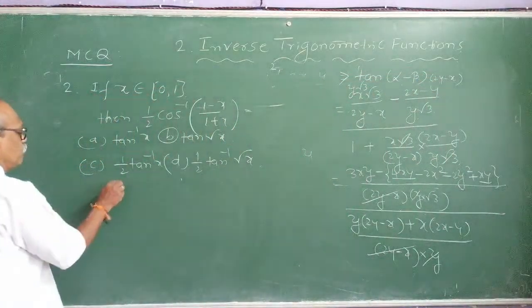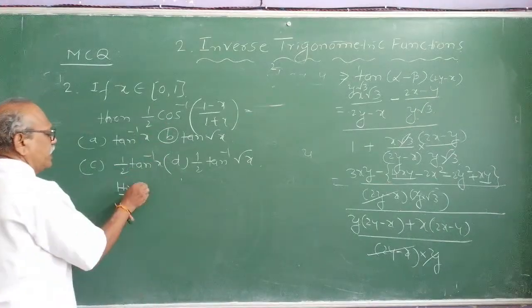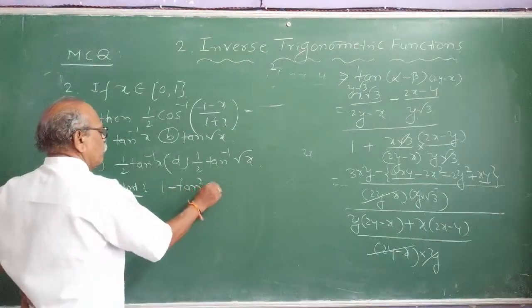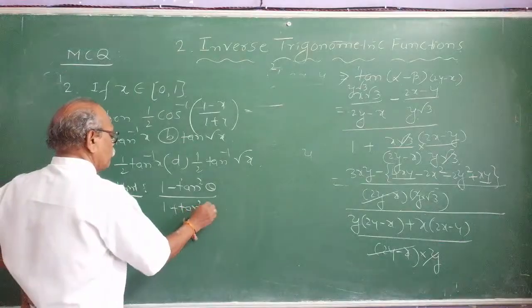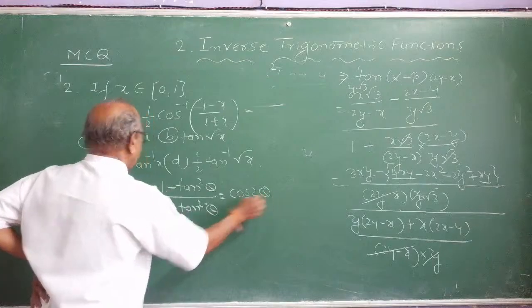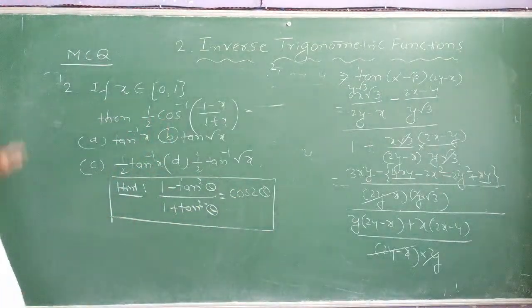Hint I will give you. You have an identity: 1 minus tan square theta upon 1 plus tan square theta is equal to cos 2 theta. Remember the identity you studied in the first PU.